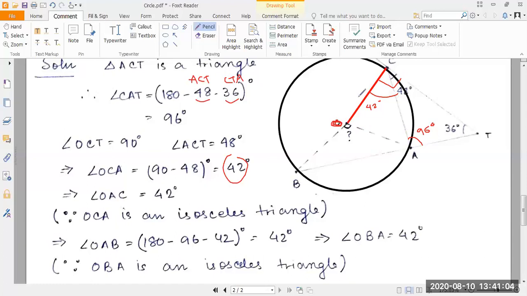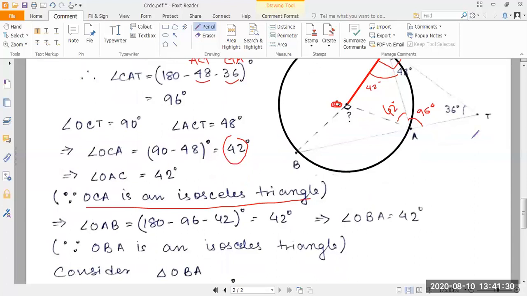So if OCA is 42 degrees, then the other equal angle, OAC, should be 42 degrees as well. So that is what I've written here: OCA equals 42 degrees implies that OAC is also 42 degrees because OCA is an isosceles triangle.